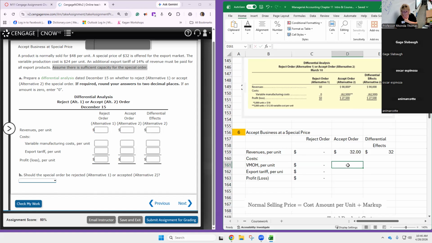So now we're going to look at the variable costs, which are $24. The export tax is 14% of the revenue.